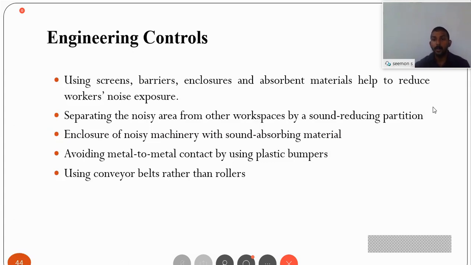For that, we make absorbent materials or barriers to prevent that noise. Next, using conveyor belts rather than rollers. This is another engineering way, designing in such a way that it works effectively. These are the engineering control measures.